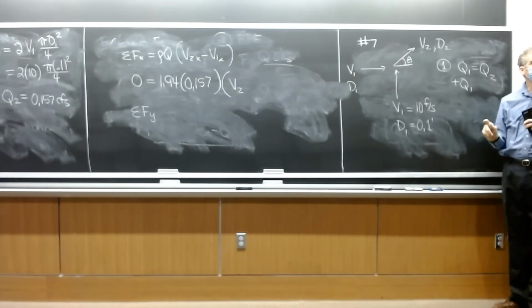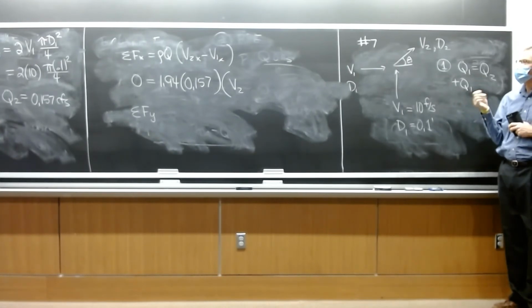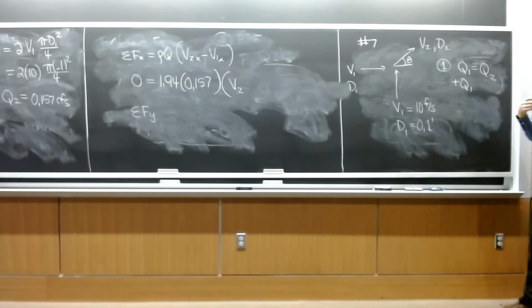And then you can use that to figure out what the angle is. And once you know the angle, you can go back into one of the equations and figure out what the velocity is. And then once you know the velocity, you can use your continuity equation to figure out what the diameter at location 2 is. So that's a pretty involved problem, certainly more involved than I would do on a test.